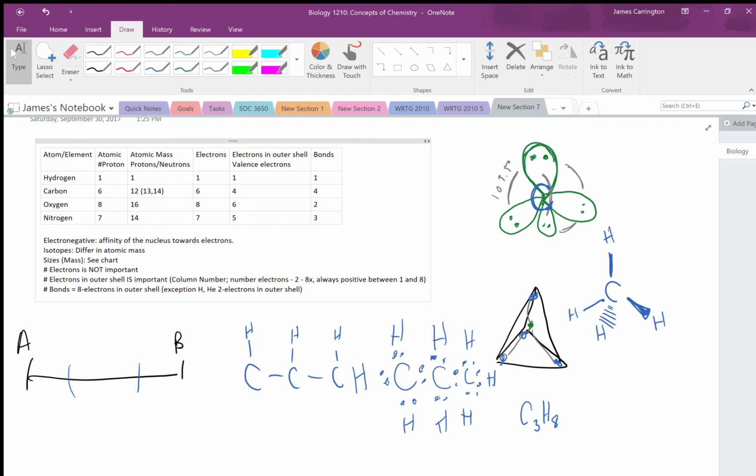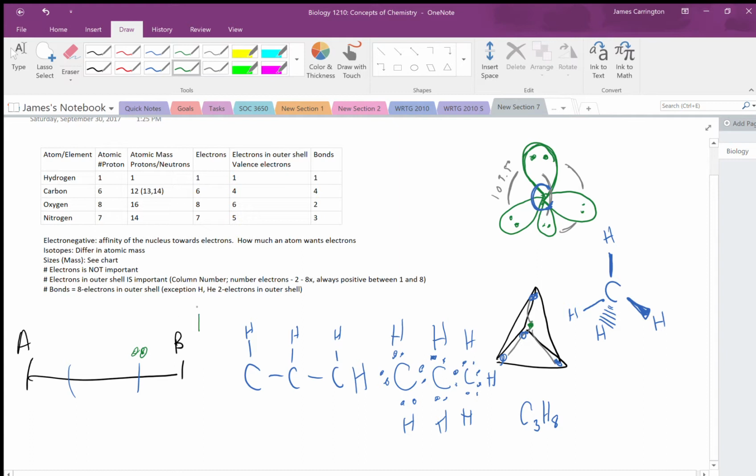To simplify that down, it's just how much an atom wants electrons, how much it's going to take electrons, how much it's going to steal electrons. And so if you think about it, siblings, one stronger than the other, it's going to push back and forth. So the further it is to B, so say the electrons were over here in this covalent bond, then B is highly electronegative and A is less electronegative.